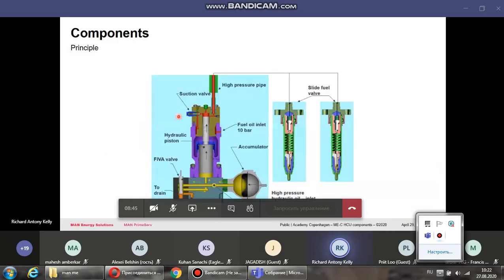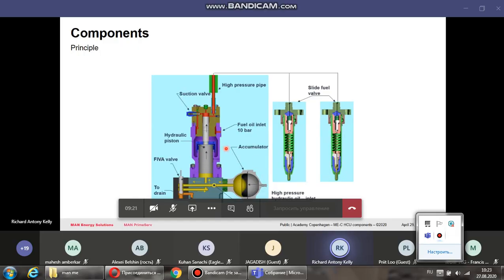So looking at the fuel oil booster, we can see that we have the FIVA valve down here, signal to the FIVA from the control system CCU, moving the spool in the opposite direction, allowing a flow of pressurized oil through the port to the fuel booster, forcing the hydraulic piston up, and at the same time forcing the fuel plunger in the upwards motion, charging the fuel oil pressure in the top cover to give us a fuel injection to the common slide fuel valves now.